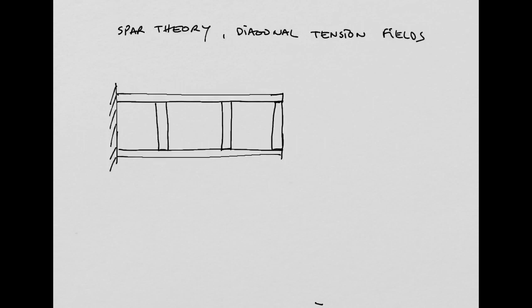We can say this is the upper flange. If you idealize this beam or this spar, you can also say this is the upper boom. You will put a boom there, right? This will be the lower flange, the lower boom.